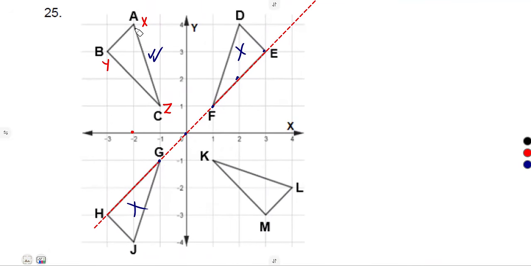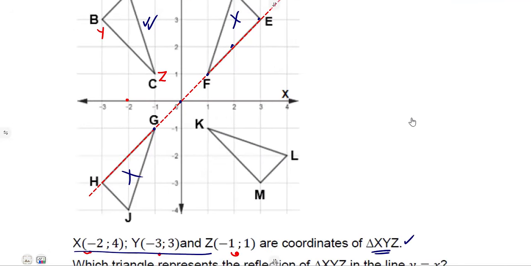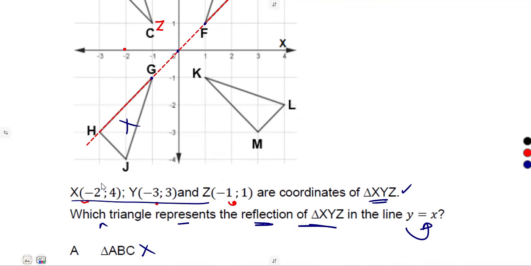So if we look at the point X, as we are given here, its image interchanges. We just interchange those values. So it's going to be (4, -2). Do we have the point (4, -2)? X is 4, Y is -2.